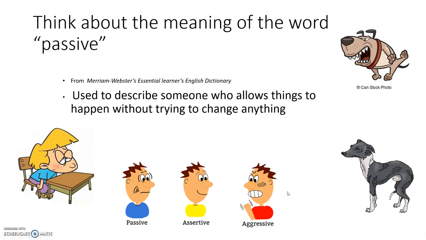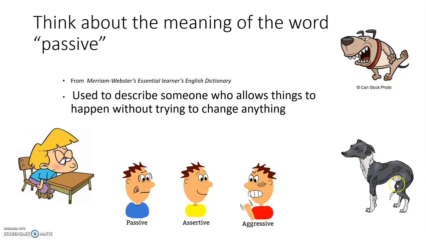Okay, it makes sense to think about the general meaning of the word passive. What does it mean in real life? From the dictionary, we have this definition. Passive, used to describe someone who allows things to happen without trying to change anything.